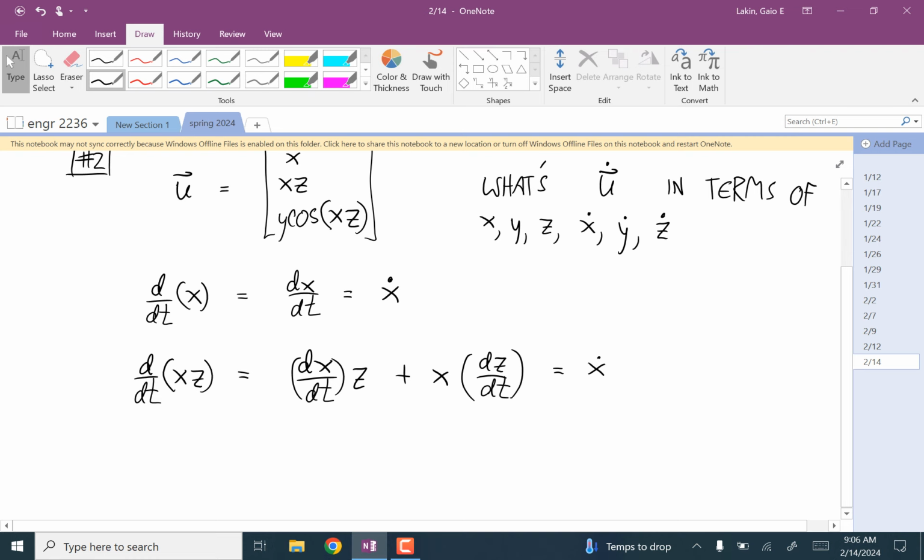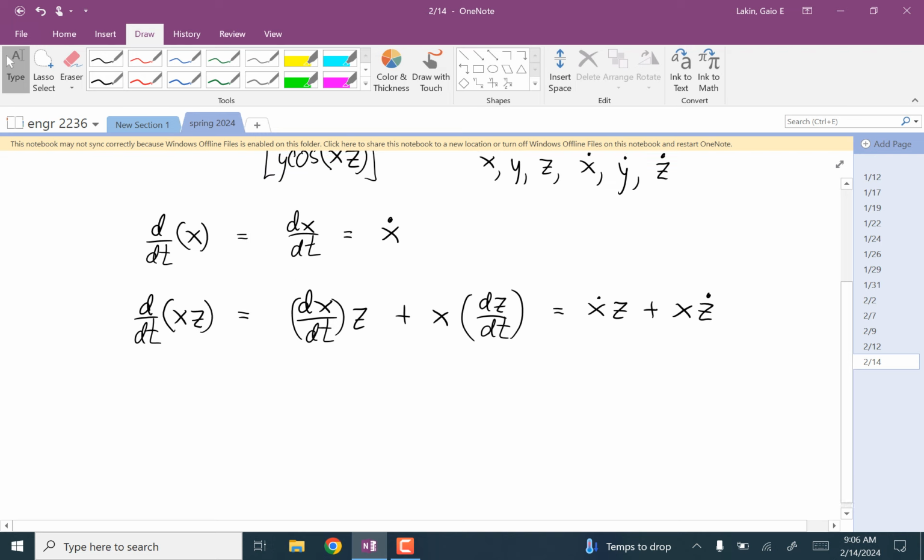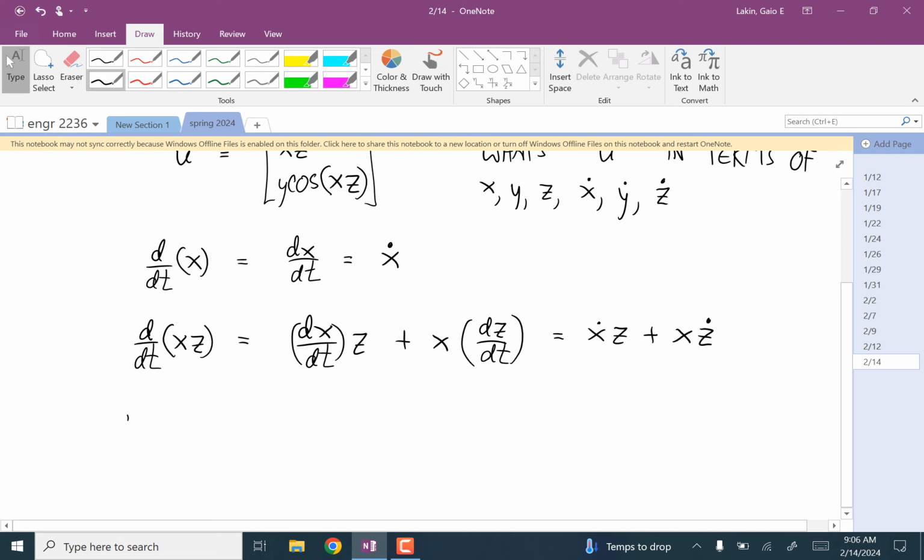And so you can express that as x dot z plus x z dot. And then the last one, d dt of the quantity y cosine xz.